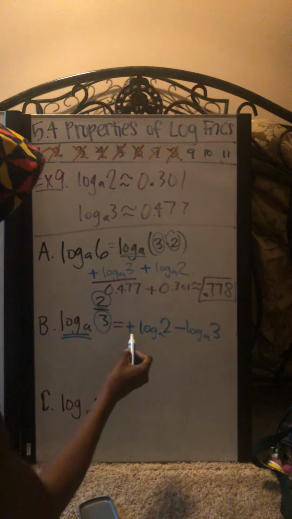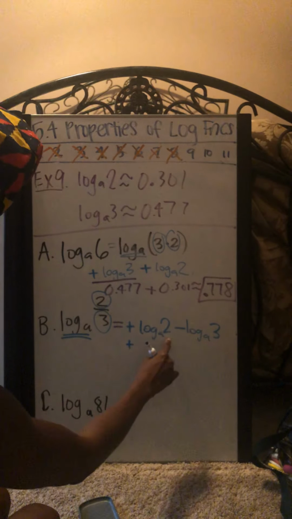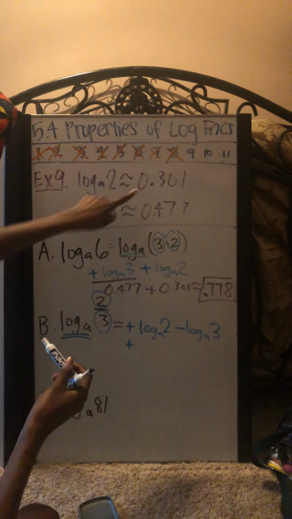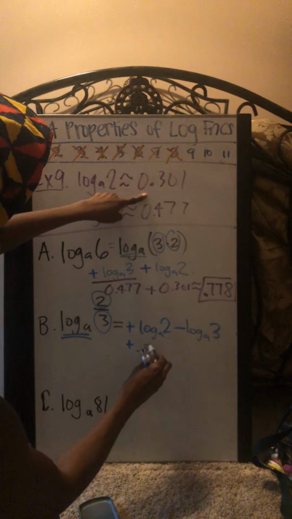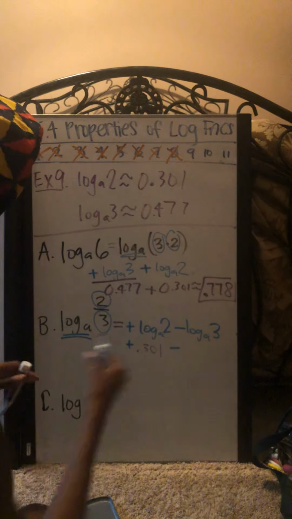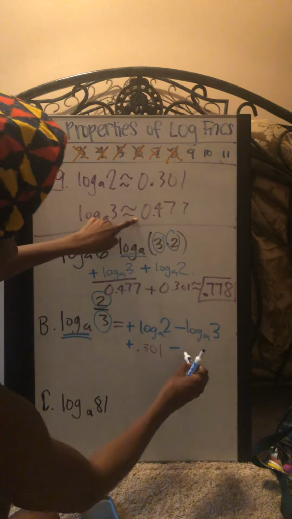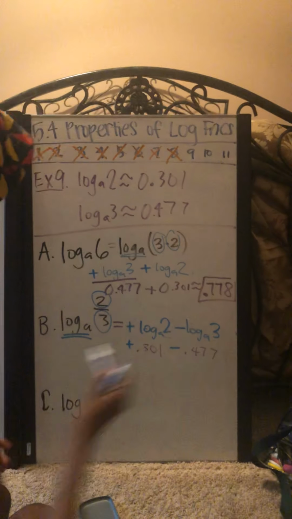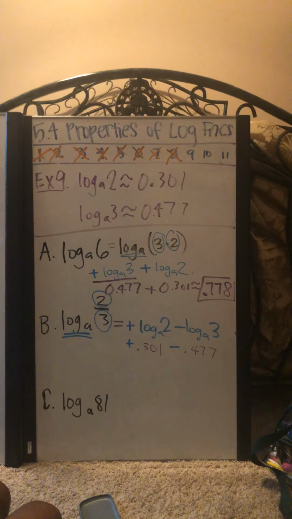Okay, so here we have plus. We know that log A2 is equal to 0.301, and then minus, and we know that log A3 is equal to 0.477. So again, we just take our calculator, plug those decimals in, and then we subtract them.